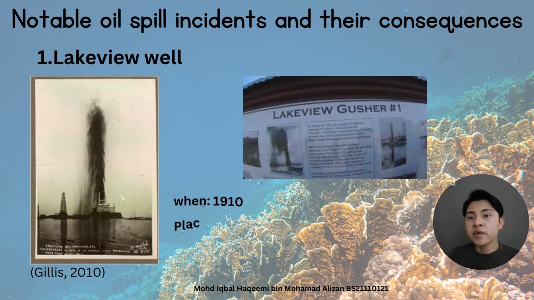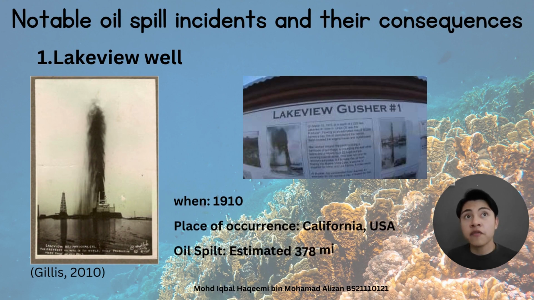Here are some examples of notable oil spill incidents that are famous and well known by most of us, which have occurred in the past. Firstly is the Lakeview well, which occurred in the year 1910 in California, USA, where the oil spill is estimated to be 378 million gallons.